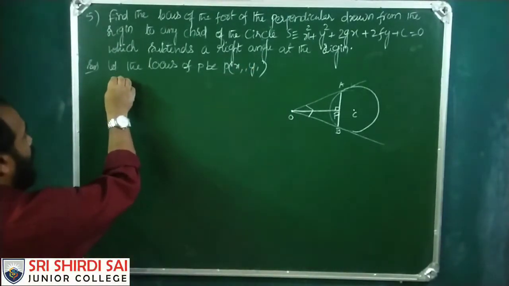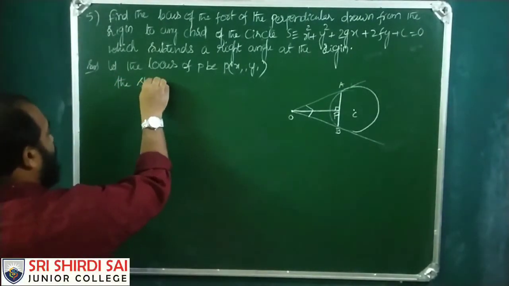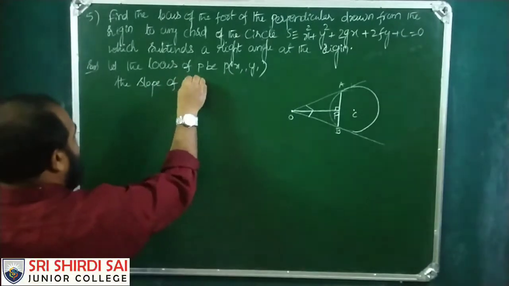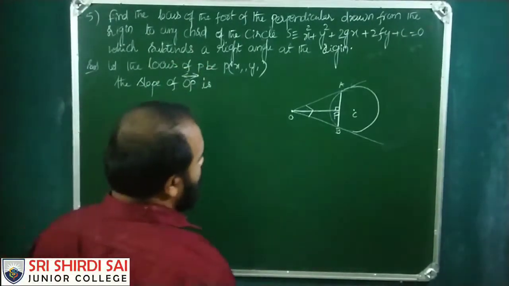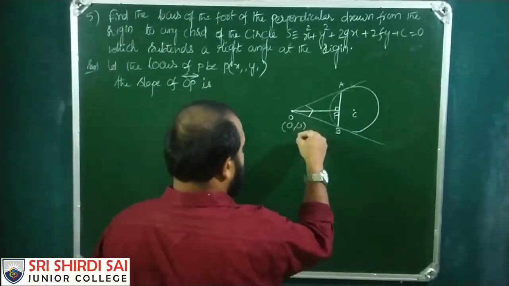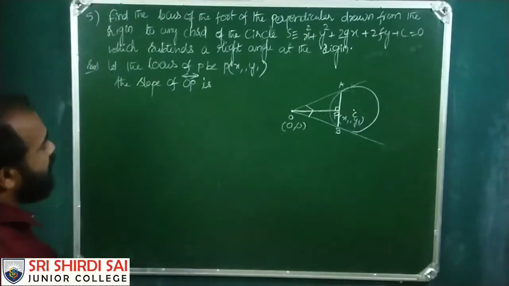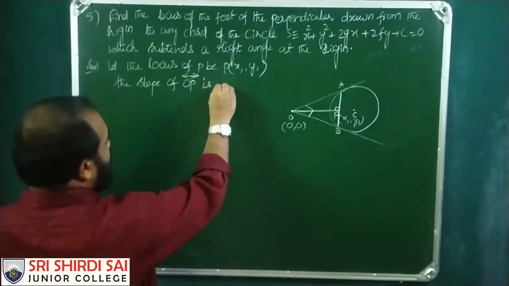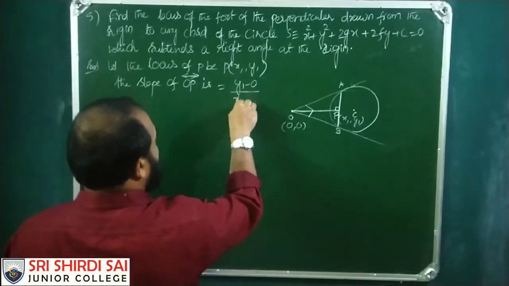So the slope of OP is, this is (0, 0) and this is (x1, y1), so (y1 minus 0) by (x1 minus 0).